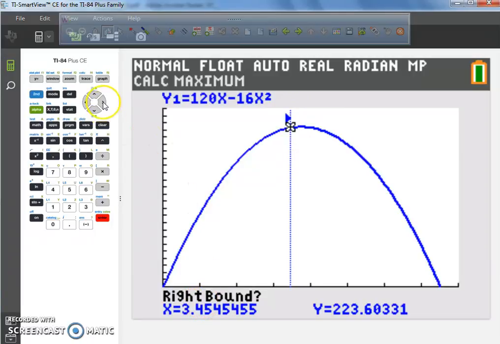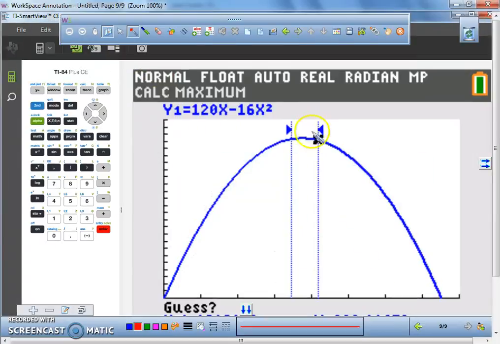So move your cursor to the right of the maximum. Make sure it has to be to the right of the maximum, so make sure you've gone far enough. See how I've kind of slightly gone downhill right there, down the parabola? So once you're to the right, press Enter again. And what's happened here is now you've established a left boundary and you've established a right boundary.